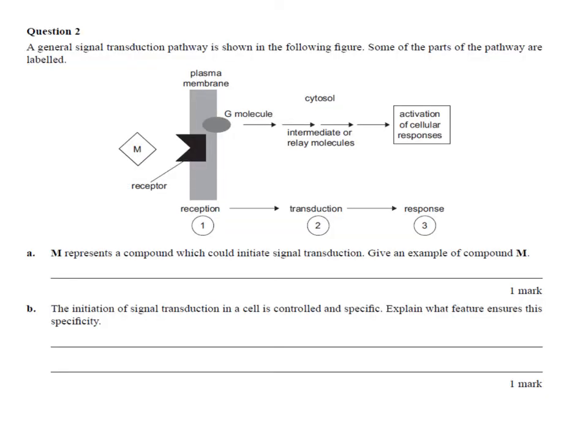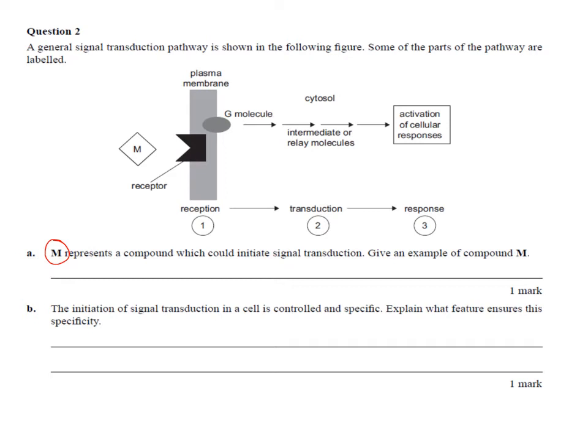Okay, that was fun. All right, this is an exam question from a few years ago. A signal transduction pathway is shown. Some of the parts of the pathway are labeled. So A, M represents a compound which could initiate signal transduction.